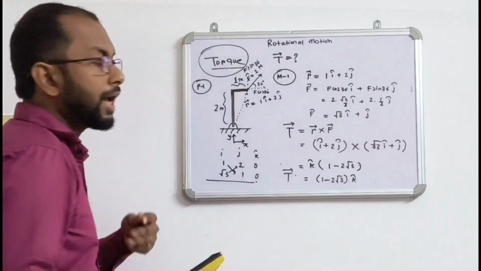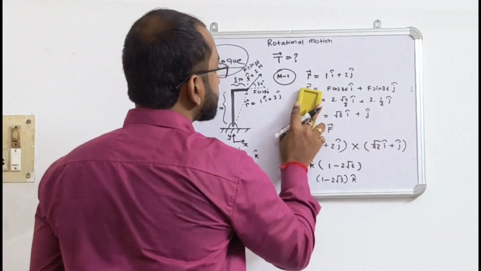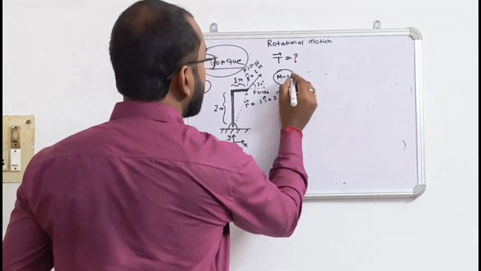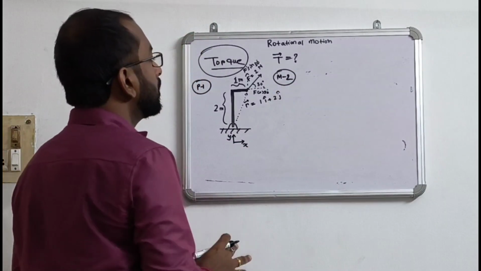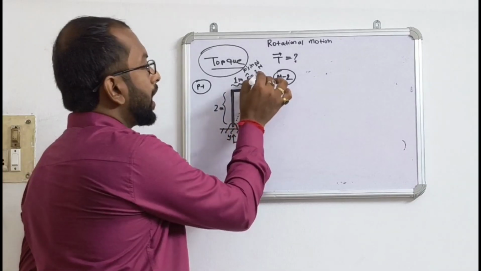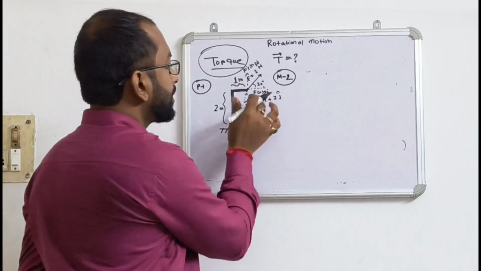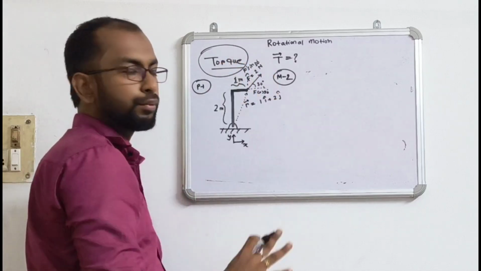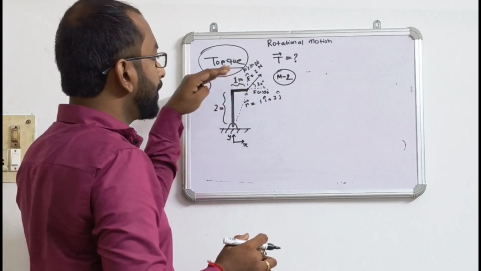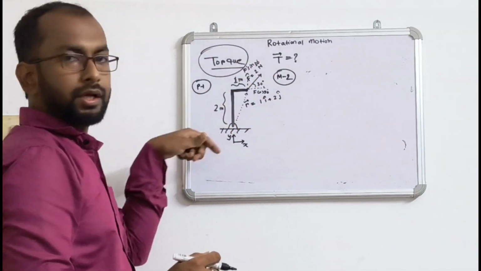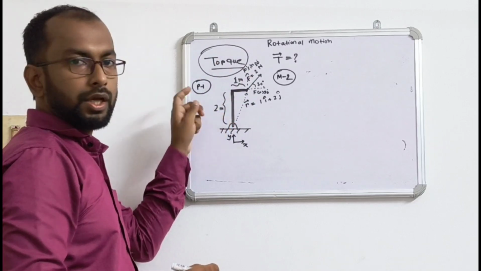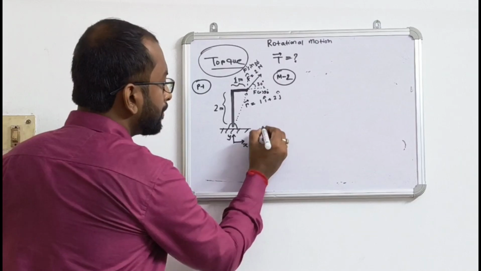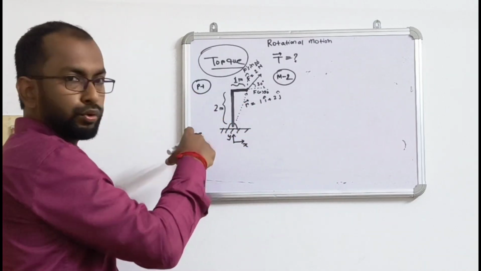Now let's solve it with another method. So method number 2. See, this F has two components. One is F cos 30, that is the horizontal component, and another is F sin 30, that is the vertical component. So what is the F cos 30 component doing? It is trying to rotate this body in the clockwise direction. Clockwise means in this case it is minus z axis, that is inside the board.